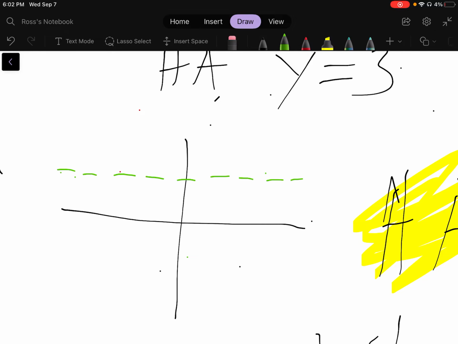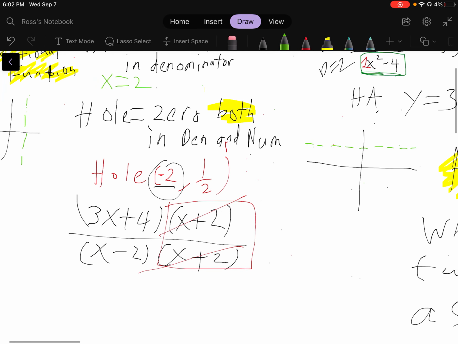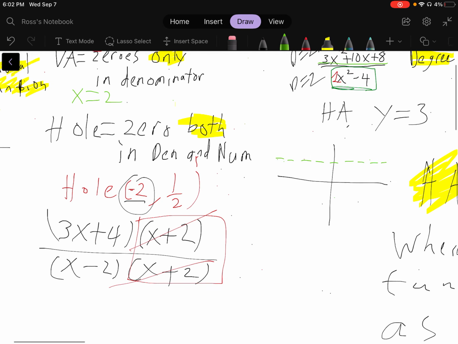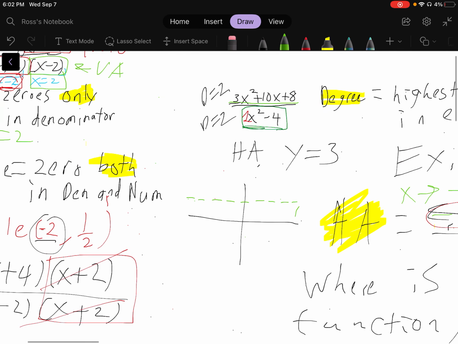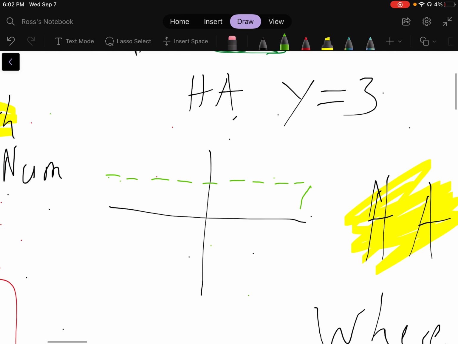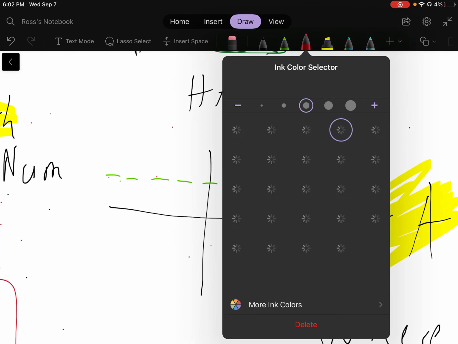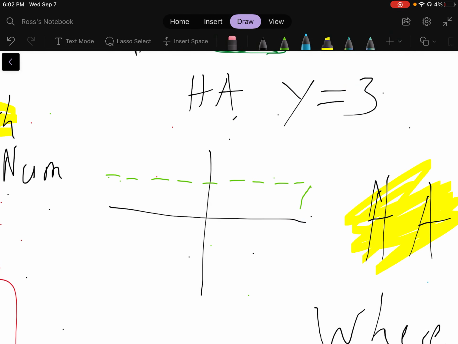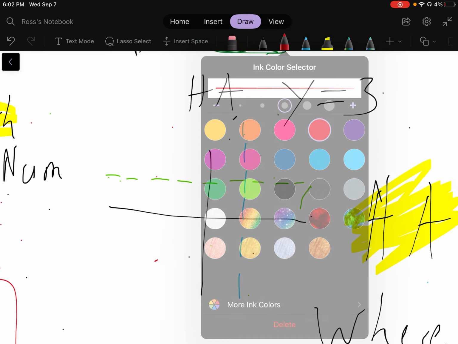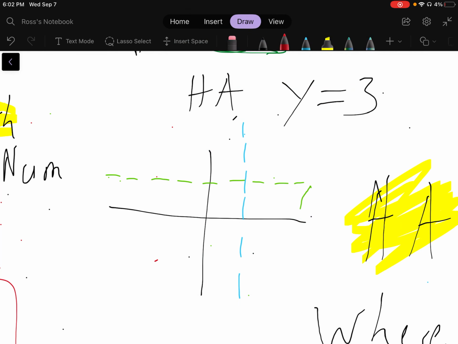I need a reminder about the hole. The hole was at negative 2, 1/2, roughly here, and the vertical asymptote was at 2.